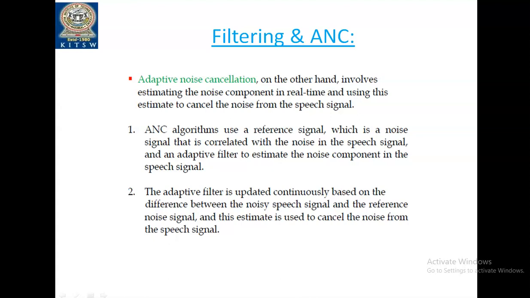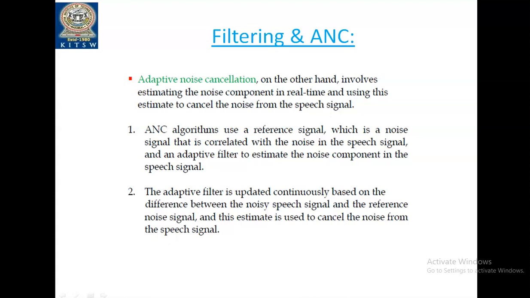So what we are doing in adaptive noise cancellation is developing an algorithm using an adaptive filter. Normally it uses a reference signal, which is a noise signal, and intentionally we create a noise signal that is correlated with the noise in the speech signal.